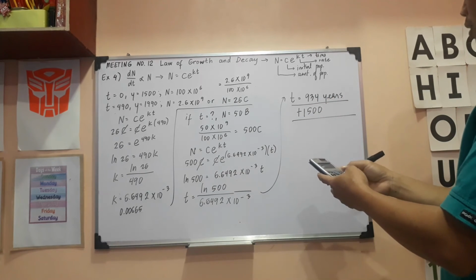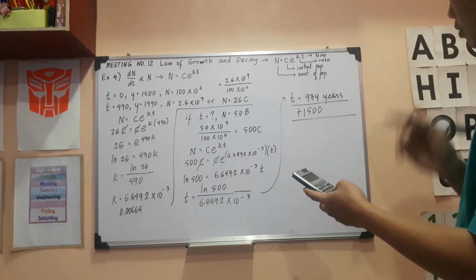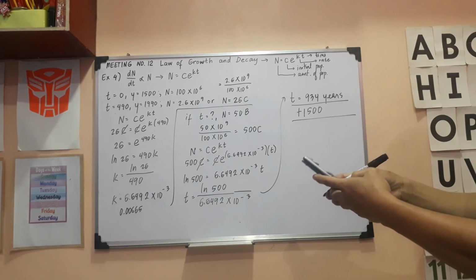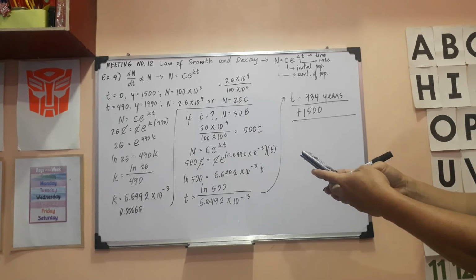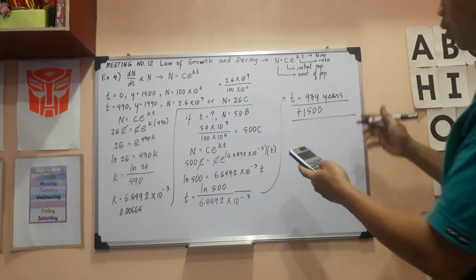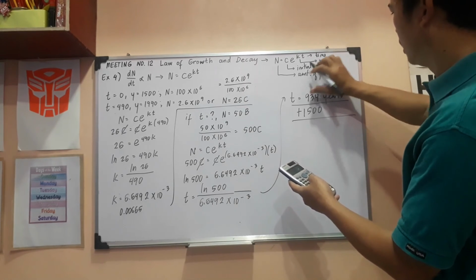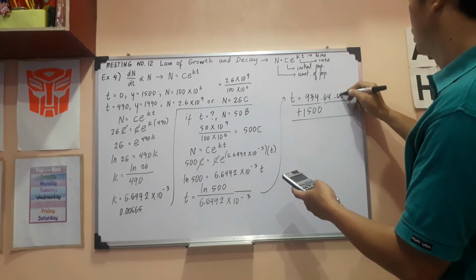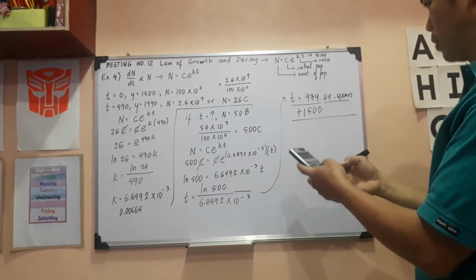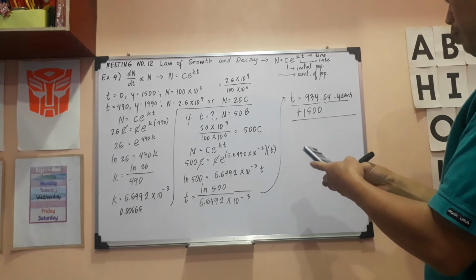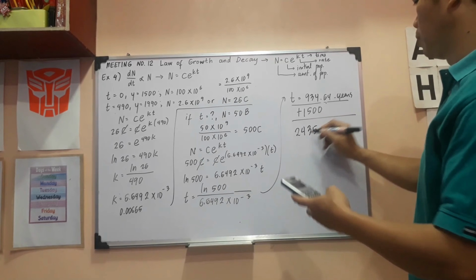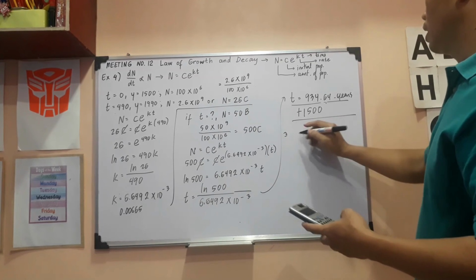So, 934. Uy, hindi ko nakuha kung anong eksakto. Ulitin. ln 500 then divide by 6.6492 exponent negative 3 is 934.64 years and then plus 1,500, in the year 2435 approximately.